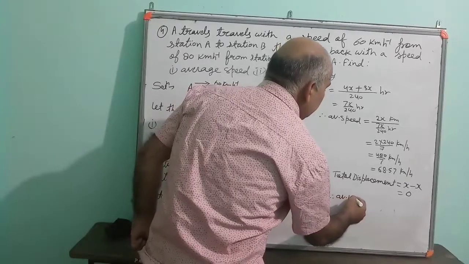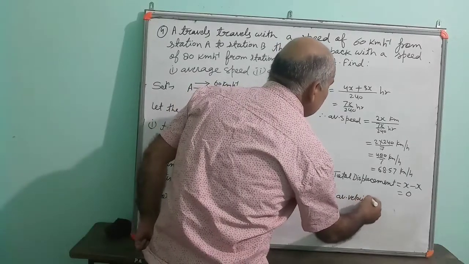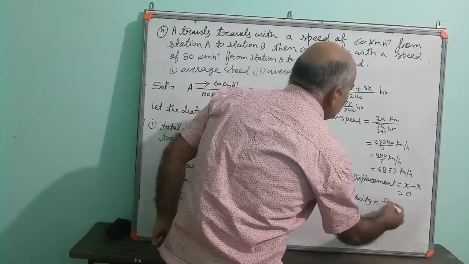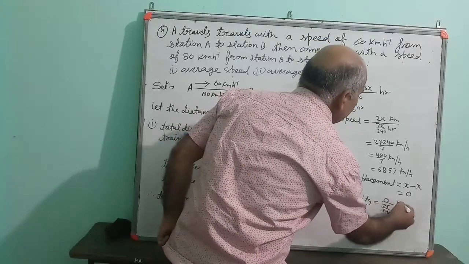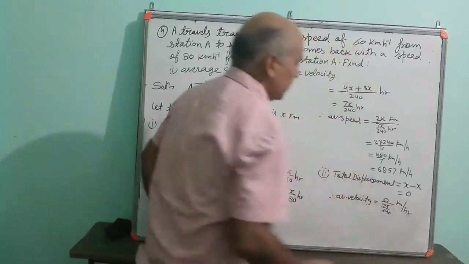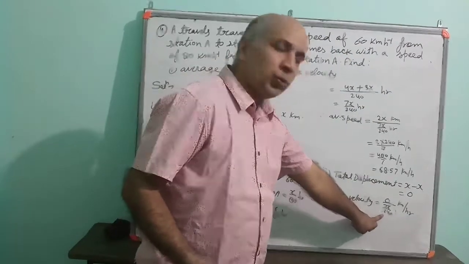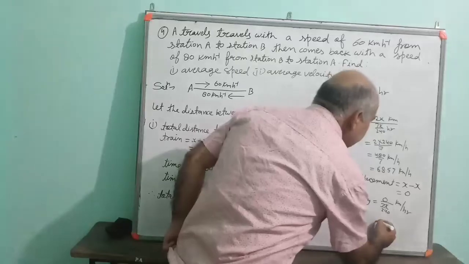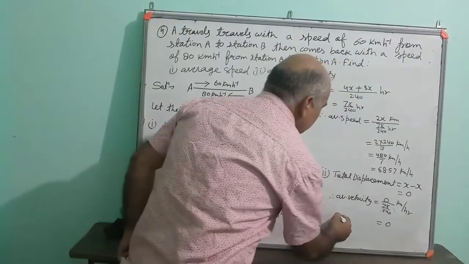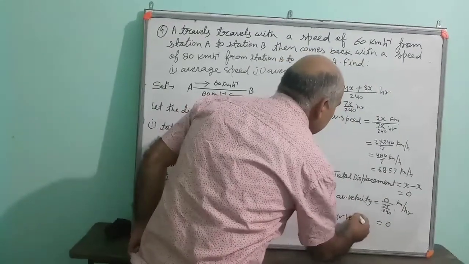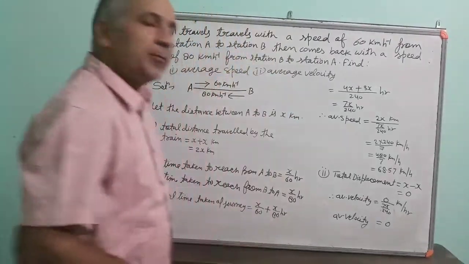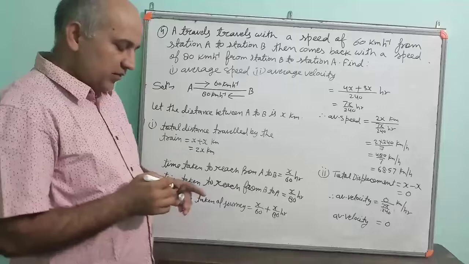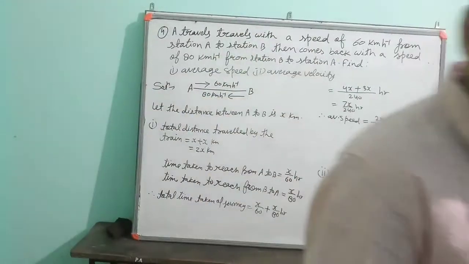Therefore, average velocity is equal to 0 upon 7x upon 240 kilometer per hour. Displacement upon total time. That means average velocity is 0. Is this clear? Average velocity of the train is 0. Now pause the video and note down this question.